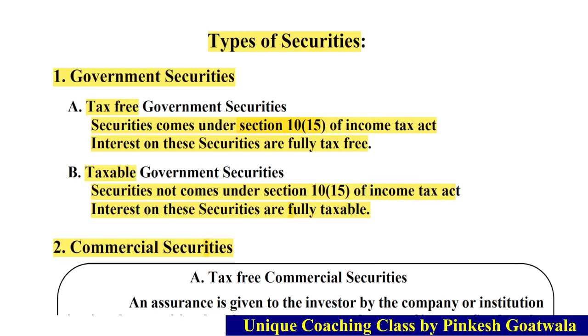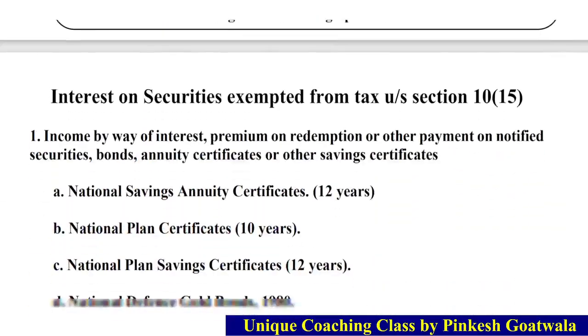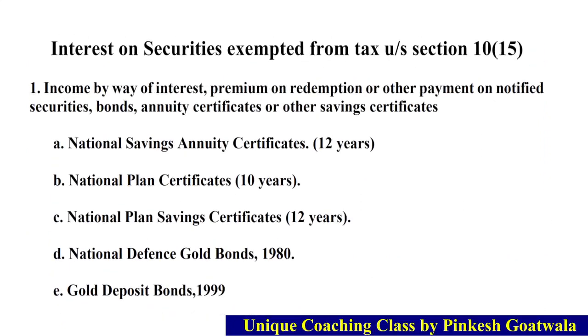So now the question is which security comes under section 10 subsection 15; you must know that. By this you can understand whether it is a tax free or taxable government security. So let's see interest on security exempted under section 10 subsection 15. Let's see which are they.